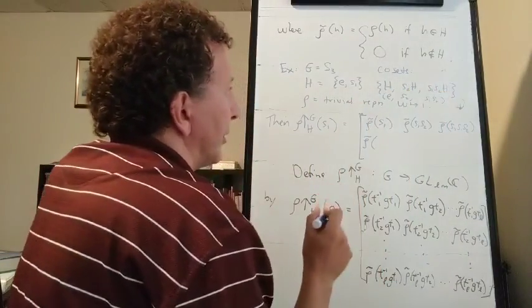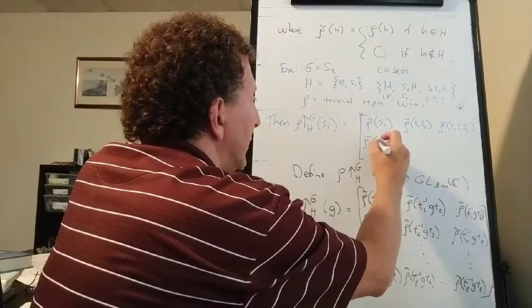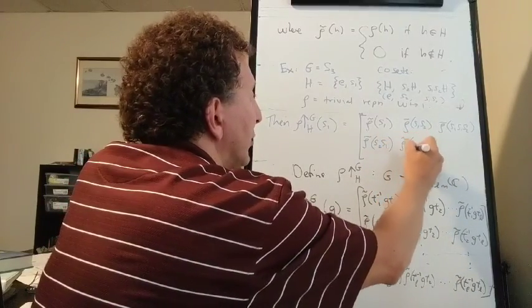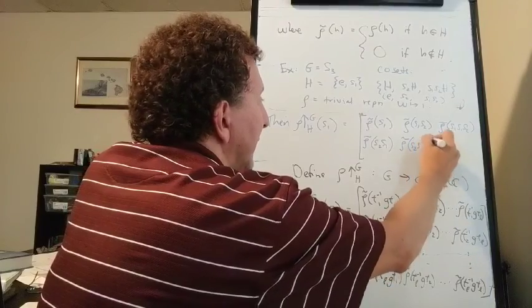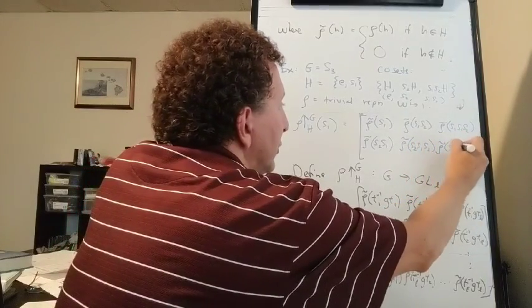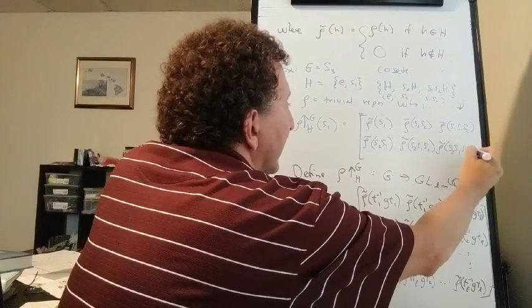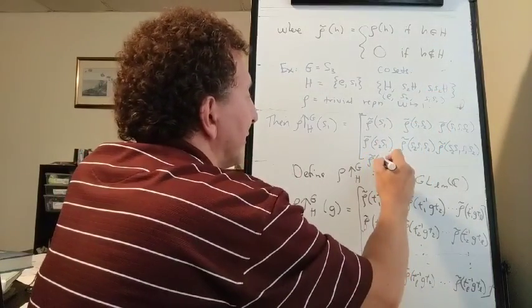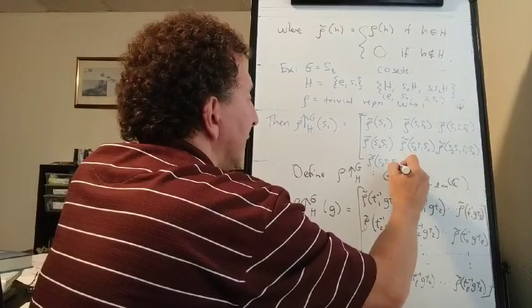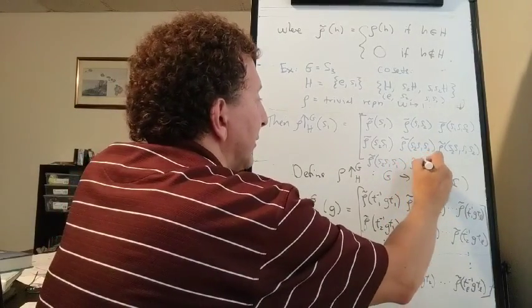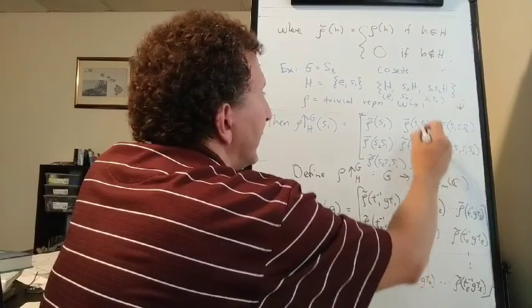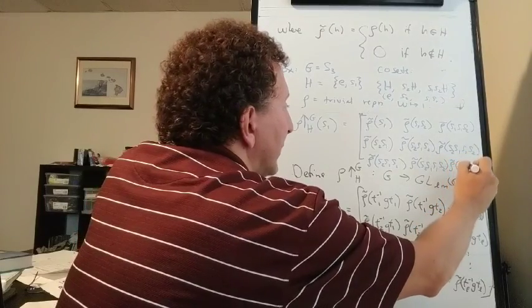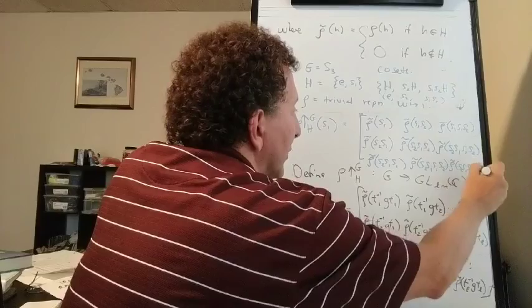We're going to have something different in the third row: s2 s1 e, rho tilde of s2 s1 s2, rho tilde of s2 s1 s1s2. And then finally, rho tilde of s1s2 inverse, so s2 s1 s1 e, rho tilde of s2 s1 s1 s2, and rho tilde of s2 s1 s1 s1s2.